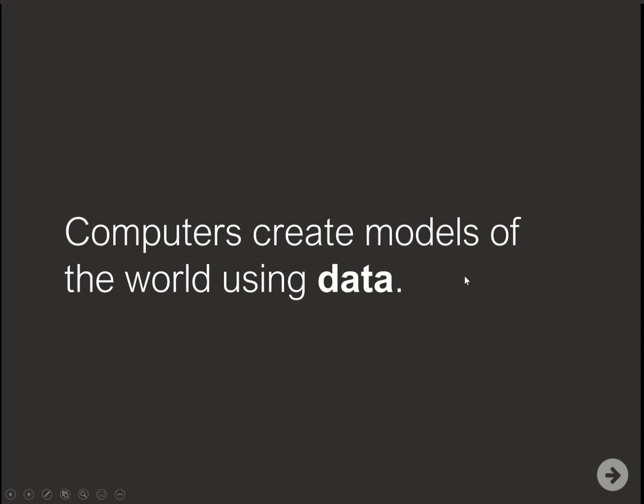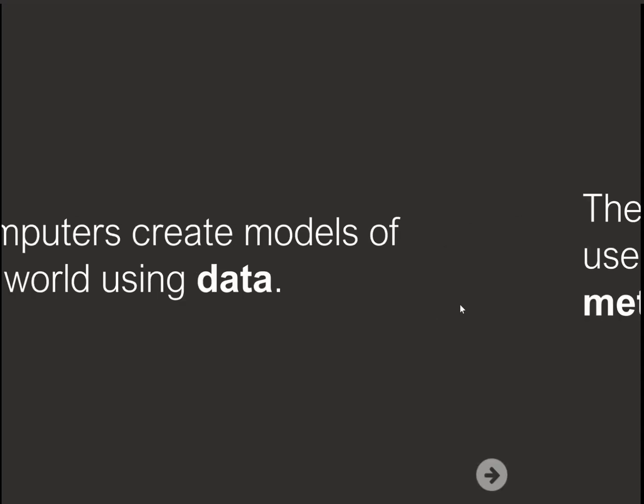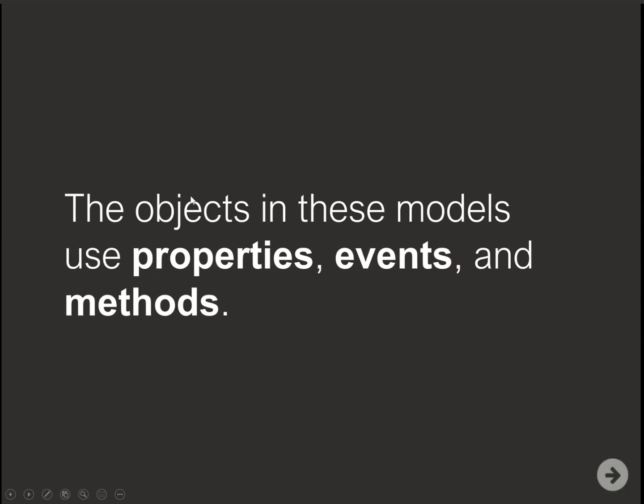So basically, how we represent data, we usually use property and value, correct? So this is same as the previous. For example, like we mentioned in the HTML, we have property and its value. So this is a pair, correct? It's a pair. Okay. So here we said the objects in this model use properties. Okay, that's the data.